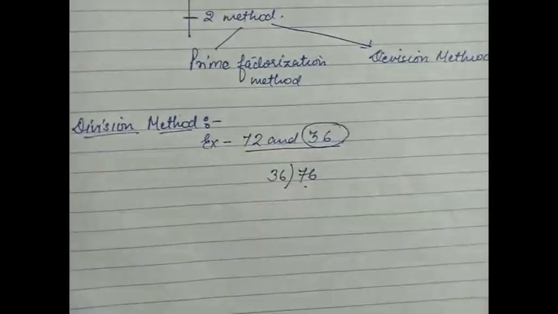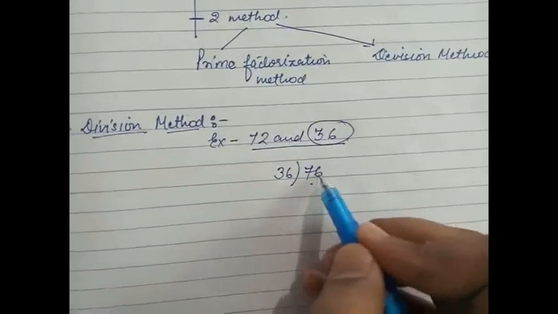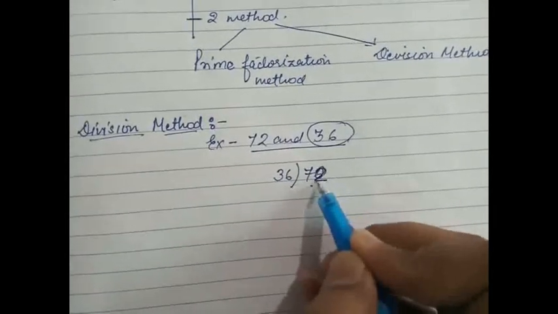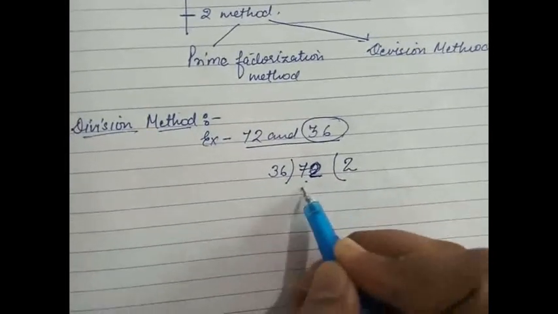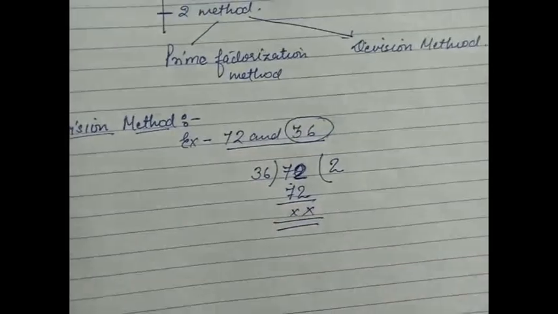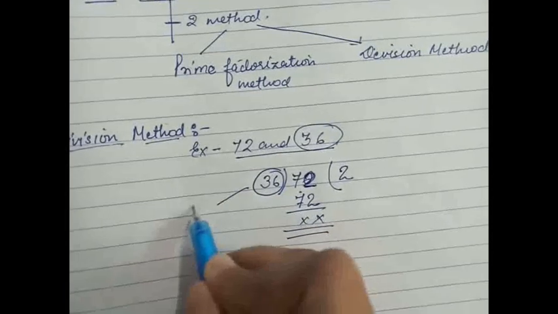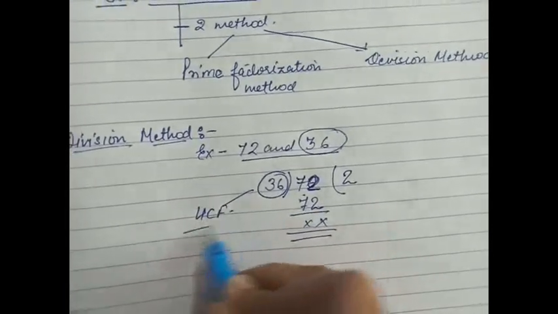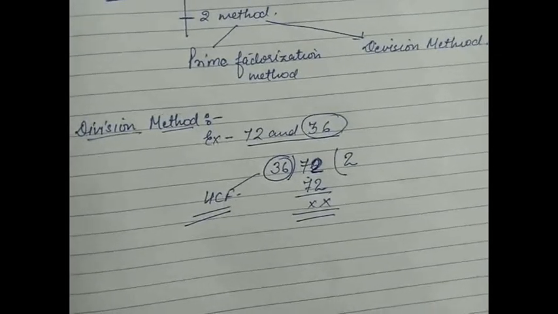Here it is 72 and 36; 36 divides 72 exactly, so this divisor, 36, will be the HCF. This is the division method.